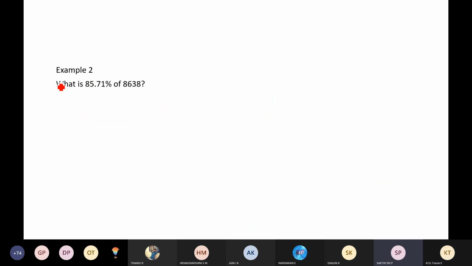Okay. We have just seen what I am supposed to do when I have 85.71 percent: 6 by 7, so into 6 divided by 7. Come on, guys. Find out the answer for this one.